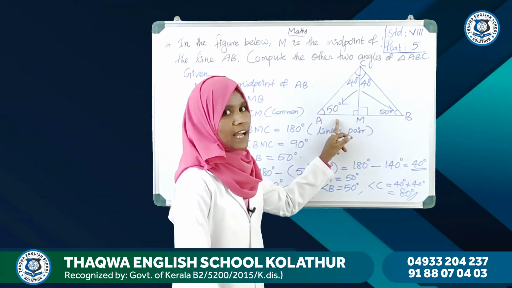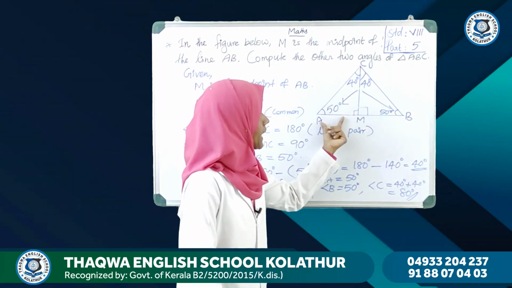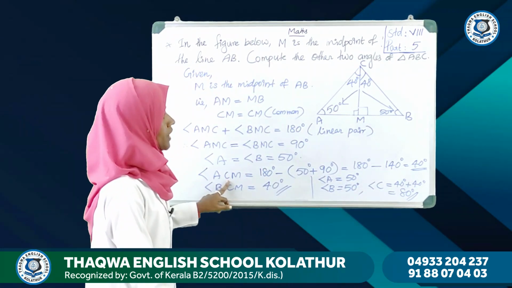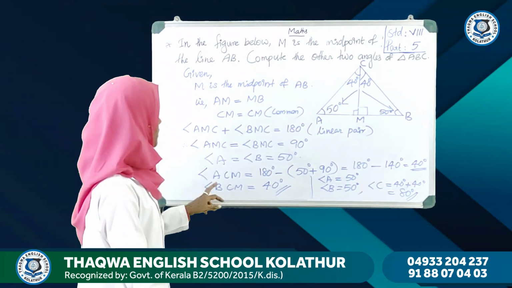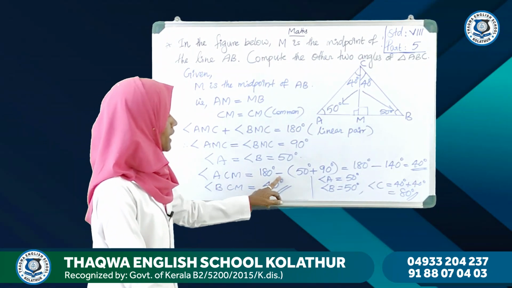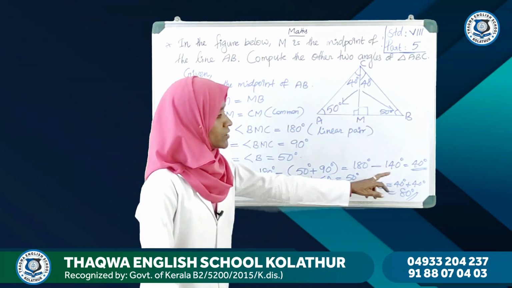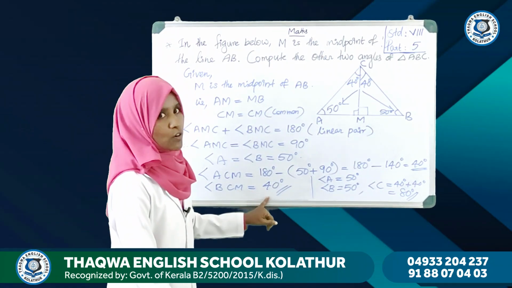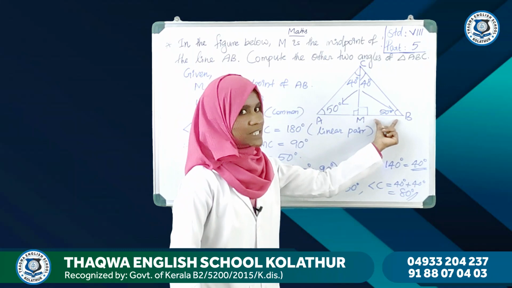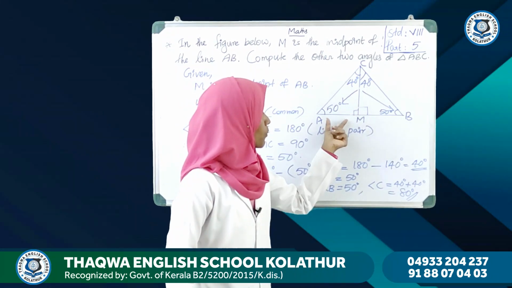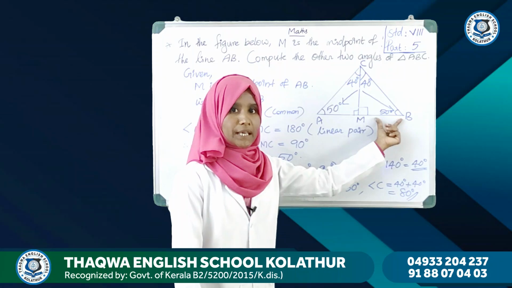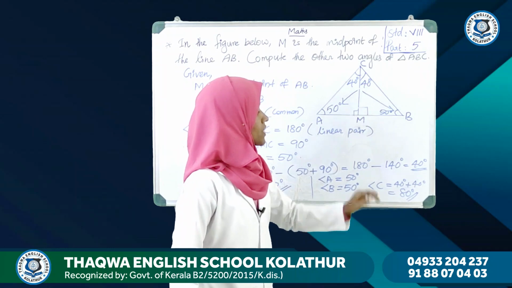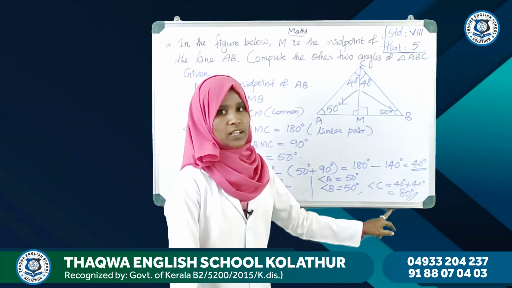The two sides and the angle made by them of triangle AMC and triangle BMC are equal. Then the other two angles are also equal, that is angle ACM equals 180 minus 50 plus 90, that is 40 degree. So angle BCM is also 40 degree since AM equals BM. These two angles are opposite to the sides AM and BM. Okay. Angle A 50 degree, angle B 50 degree, and angle C is 40 plus 40, 80 degree.